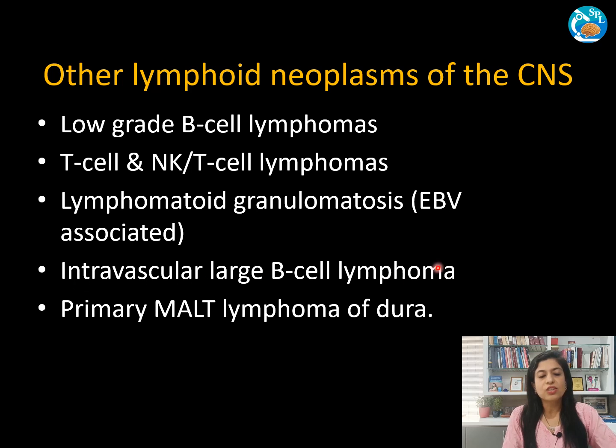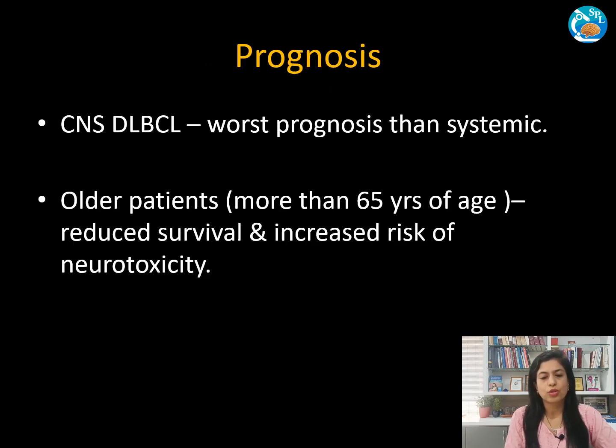The intravascular large B cell lymphoma is an aggressive type, and then there is the primary marginal zone lymphoma of the dura. These mimic meningiomas, and these have better prognosis.